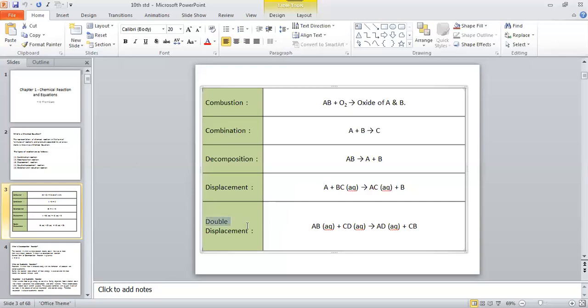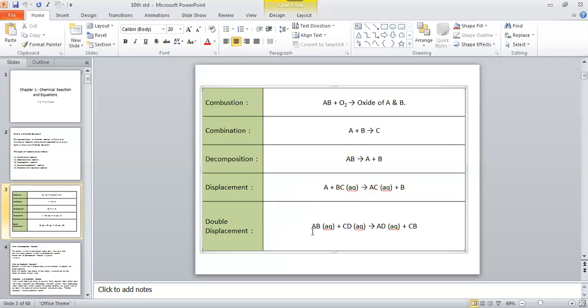Next type is the double displacement type of reaction. In a double displacement reaction, two types of atoms or ions are displaced or substituted in the chemical reaction. For example, AB reacts with CD to give AD plus CB.